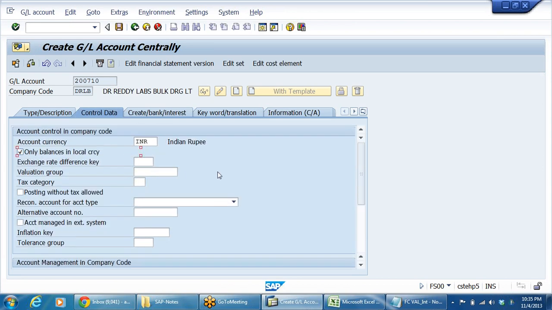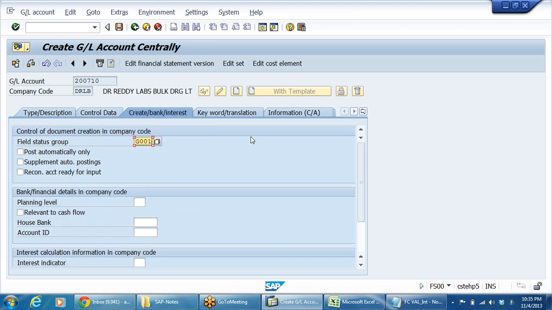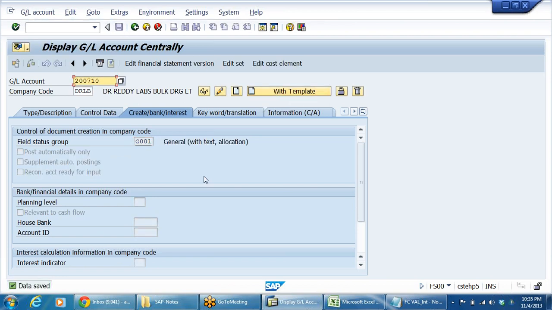So the balance sheet only balances in local currency. Line item display 01, G001. Right.